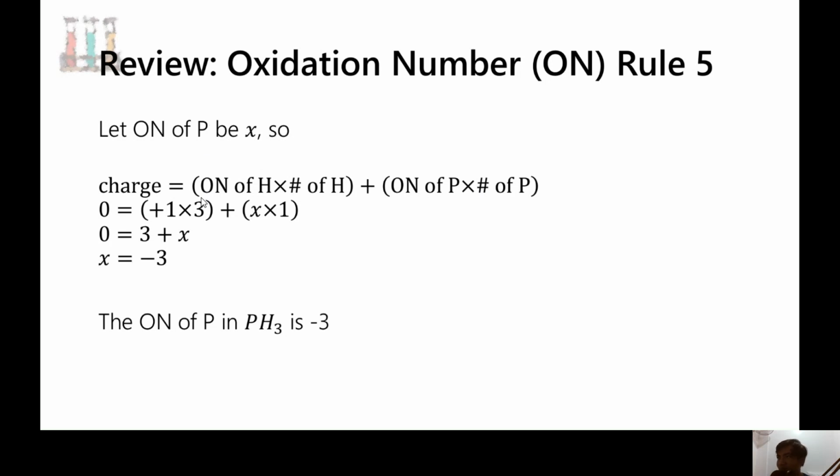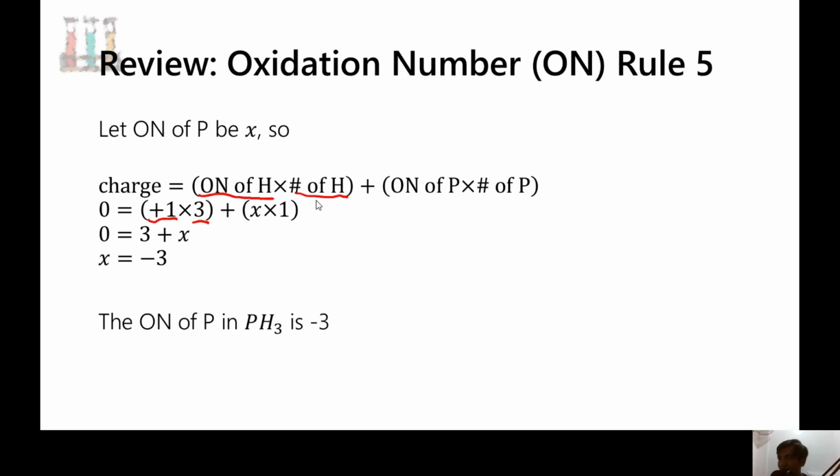Okay, so let's substitute. This positive 1 here is the oxidation number of hydrogen because, again, hydrogen is paired with non-metal, so it is always positive 1. Itong 3 naman, this is the number of hydrogen atoms in PH3. Tatlo yun eh.